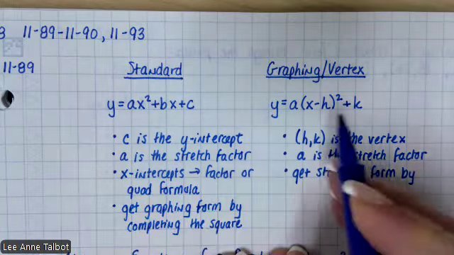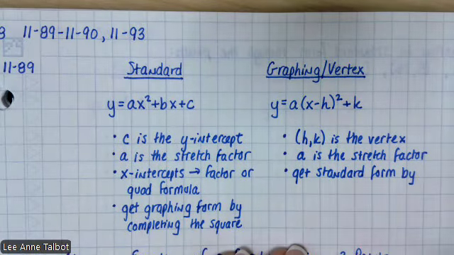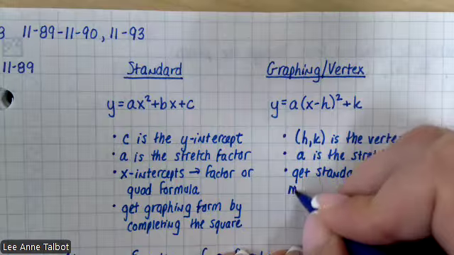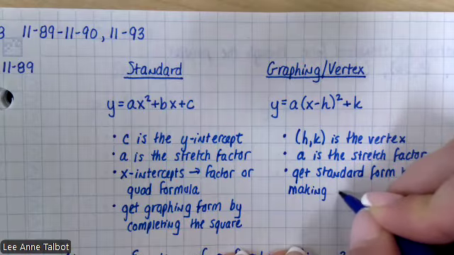And you can go backwards to standard form by making a box and distributing.